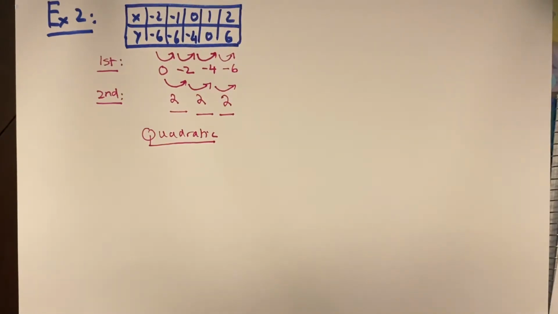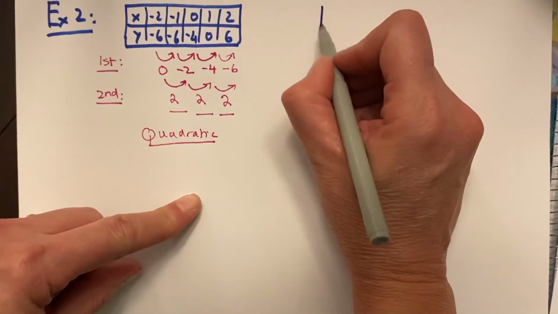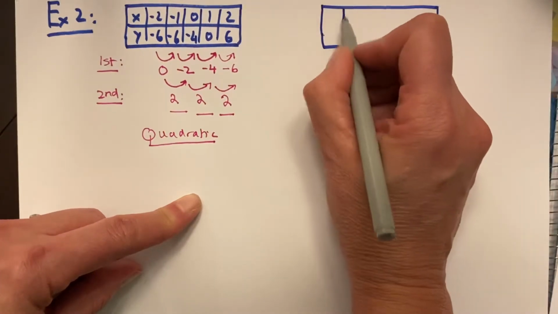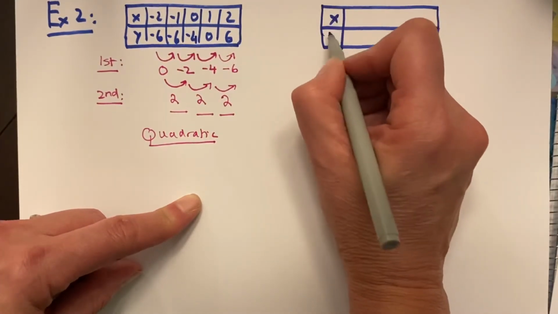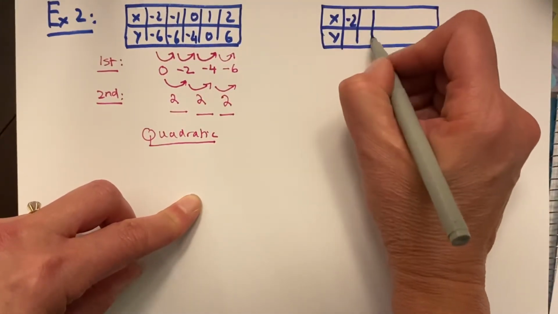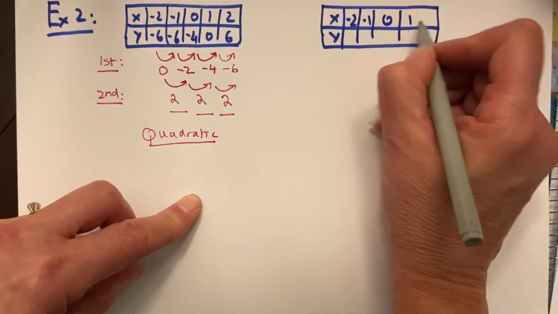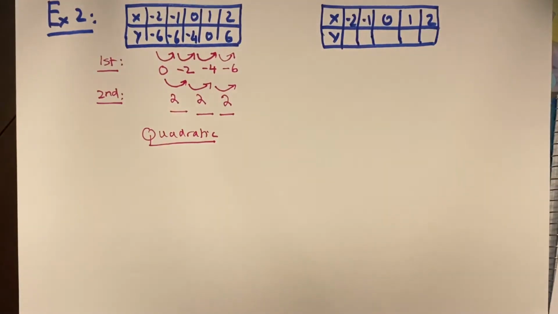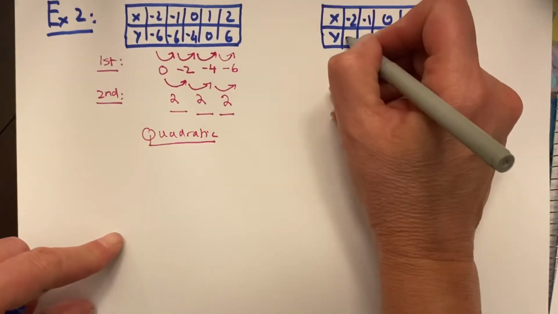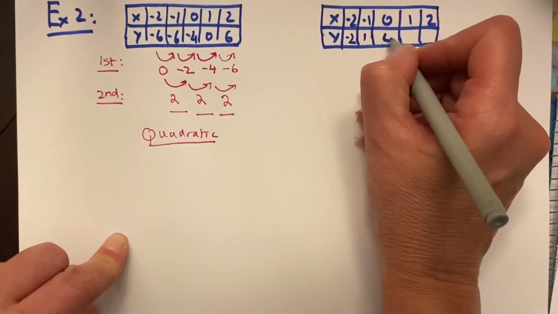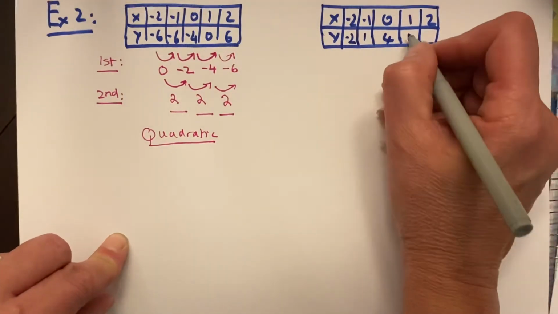Let's look at the next set of data. These values also have x values of -2, -1, 0, 1, 2, with the corresponding y values of -2, +1, +4, 7, and 10.